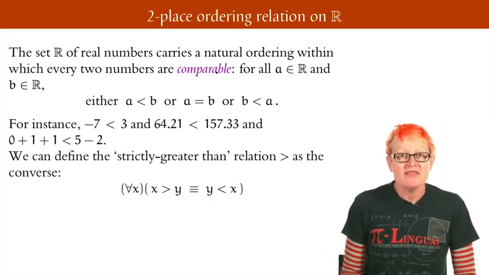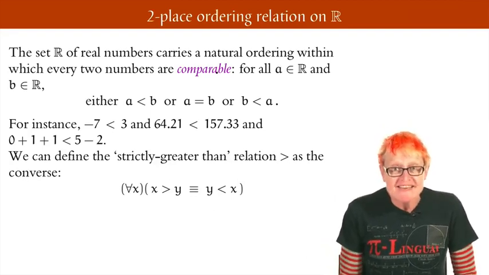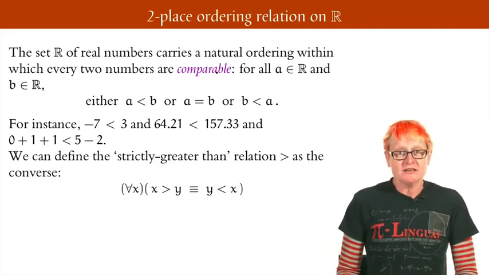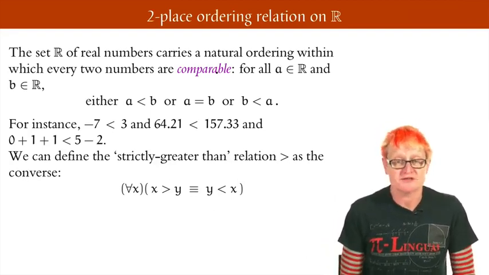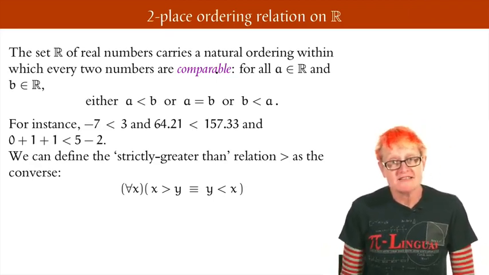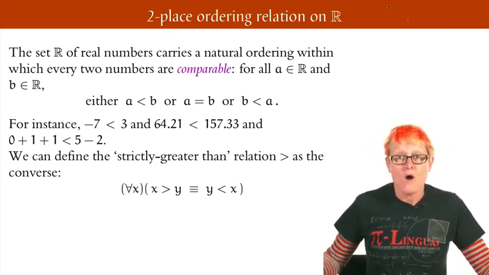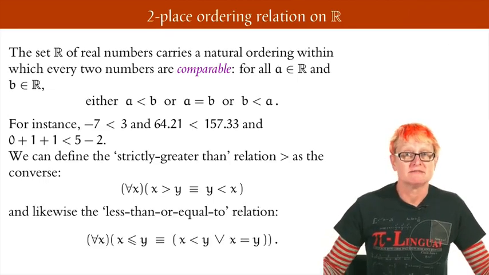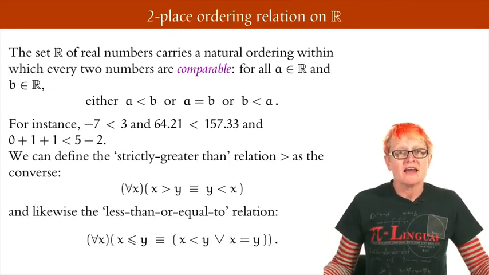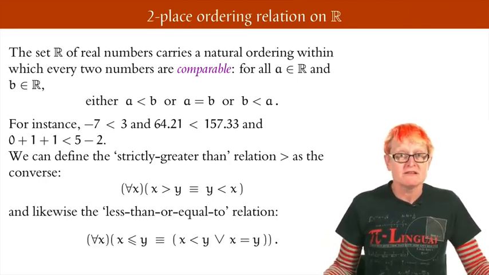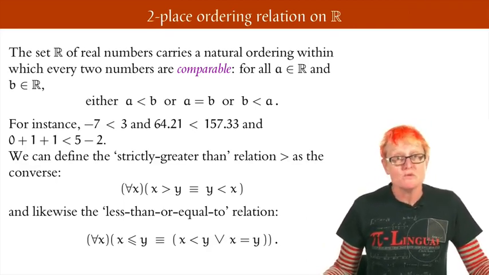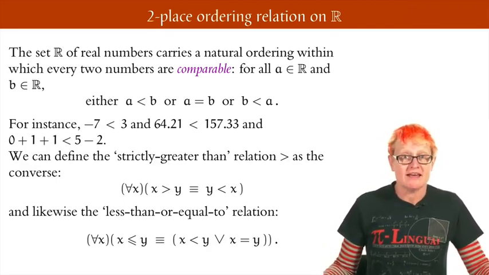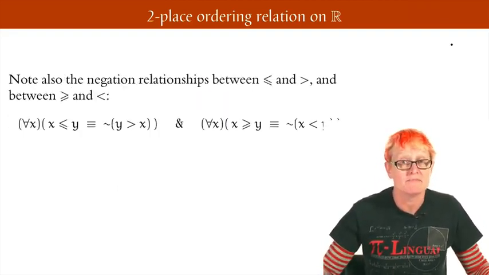We can define the strictly greater than relation as the converse. For all x and y, x is greater than y if and only if y is less than x. Likewise, the less than or equal to relation: for all x and y, x is less than or equal to y if and only if either x is less than y or else x is identical to y.